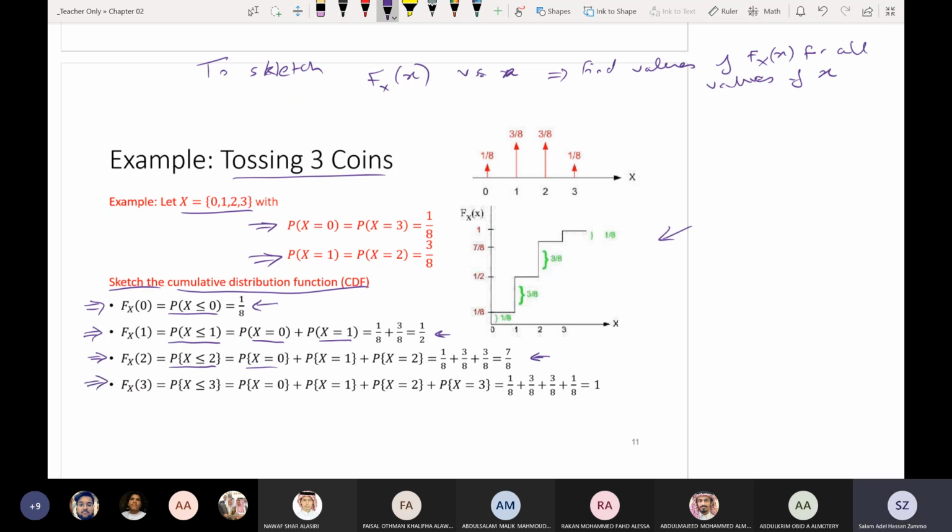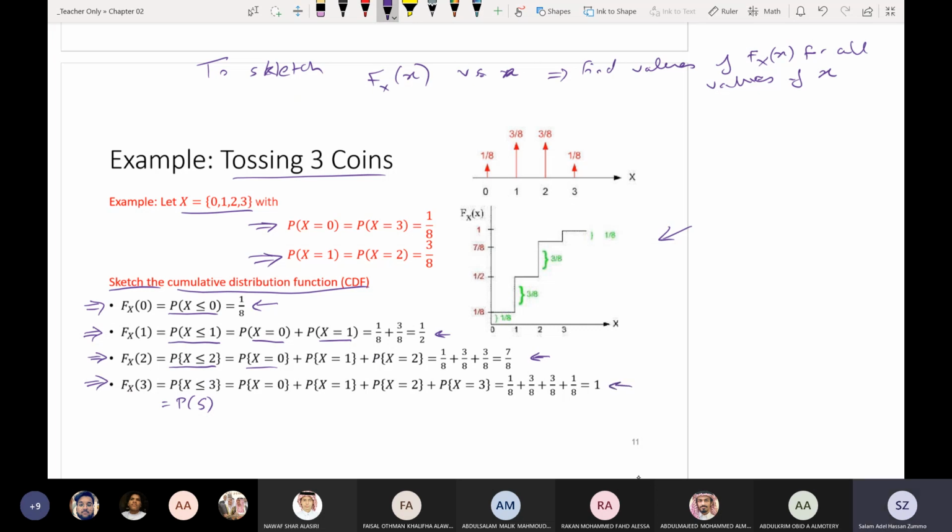F_X of 3, which is the probability that X is less than or equal to 3, and we know that X is always less than or equal to 3, so this is equal to the probability of S, which is equal to 1.